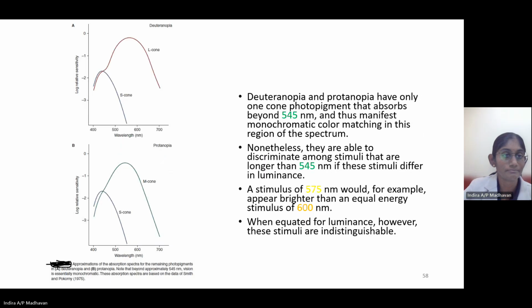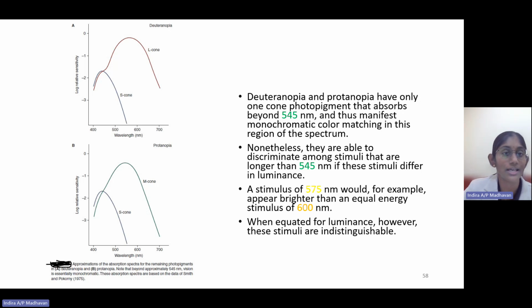Now we move on to this graph. Deuteranopia and protanopia have this discrimination difference because they have only one photopigment that absorbs beyond 545 nanometers, thus manifesting monochromatic color matching in this region of the spectrum.